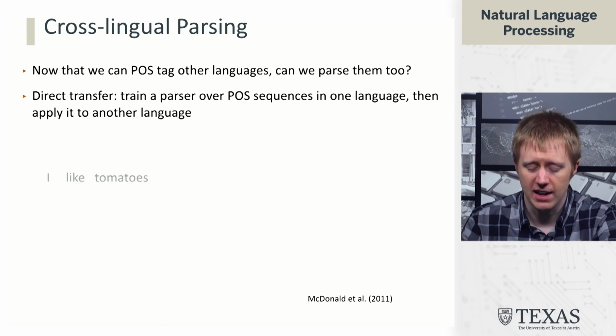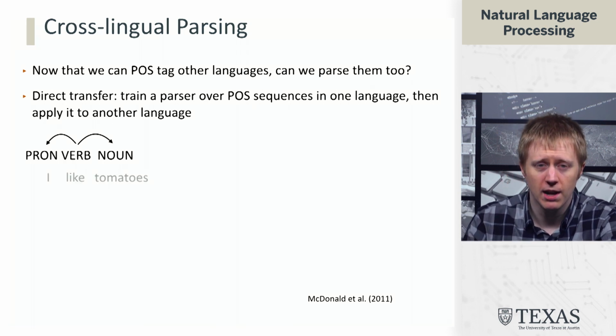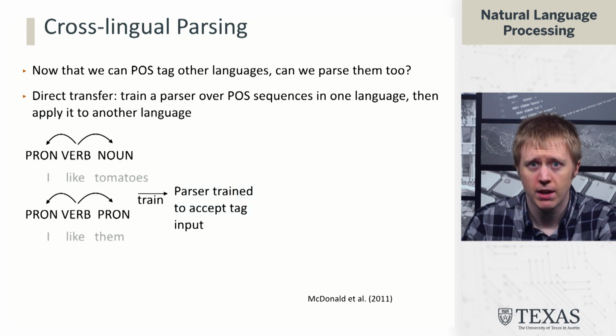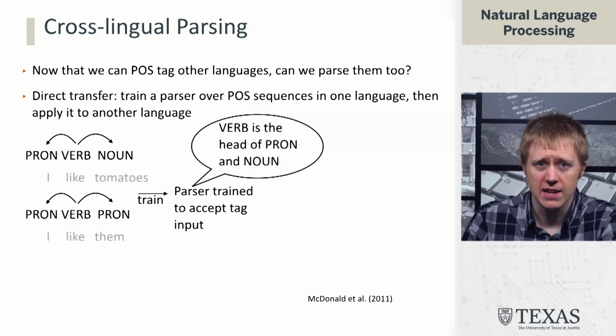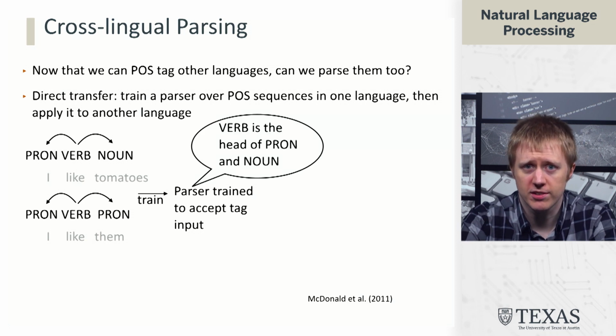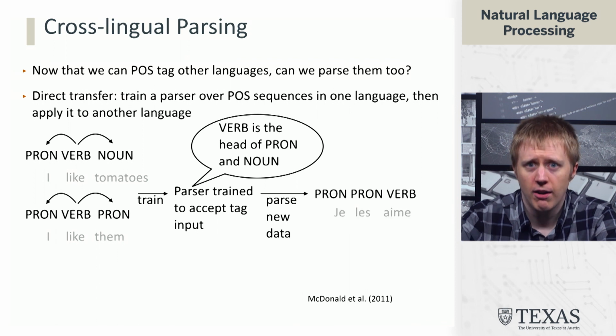So if you have the sentence, I like tomatoes, we're just going to look at the tags. So we've got a pronoun, a verb, and a noun. And we've got I like them, pronoun, verb, pronoun. And then we train a parser to take input that's just tags. And what can this parser learn? Well, this parser can learn things like verbs tend to be the heads of pronouns and nouns. All right.